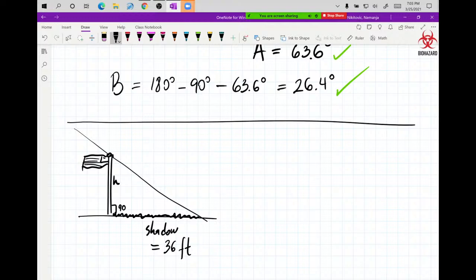So now this angle here you can measure with a protractor, because if you put your face on the ground and look up at the top of the pole, and you bend a piece of wire or something that aims directly to the top of the pole, by putting up a protractor on the side. Protractor, if you've never seen one and you don't know what that is, is a plastic device that measures angles.